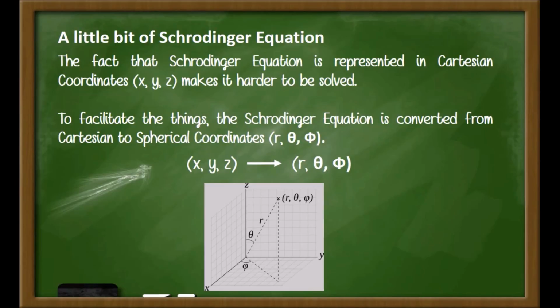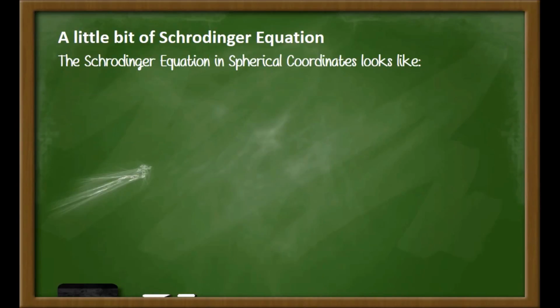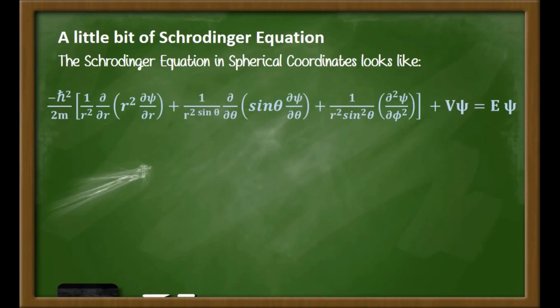So if you're interested to know how to make this conversion from Cartesian to spherical coordinates, feel free to consult any college calculus book. So this is how the Schrodinger equation in spherical coordinates looks.